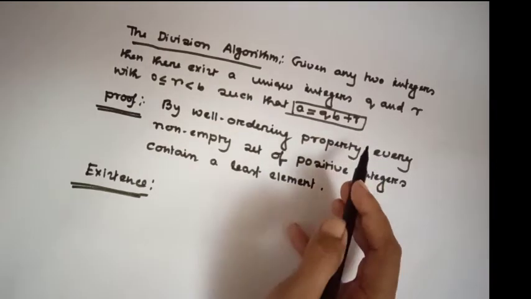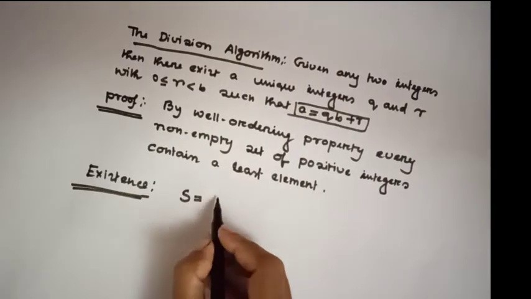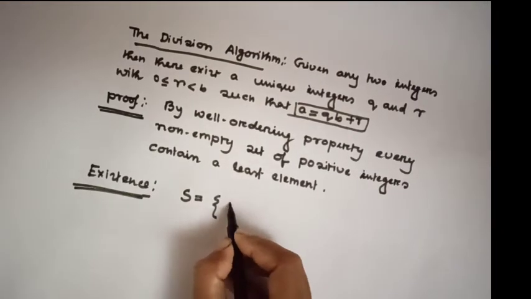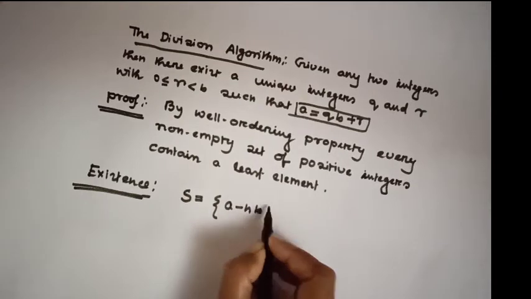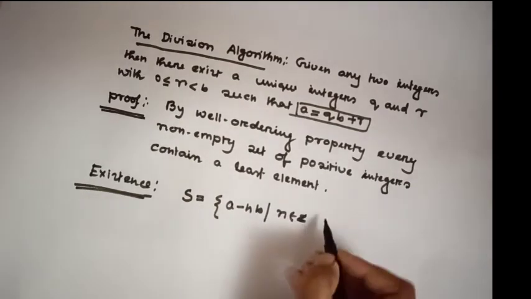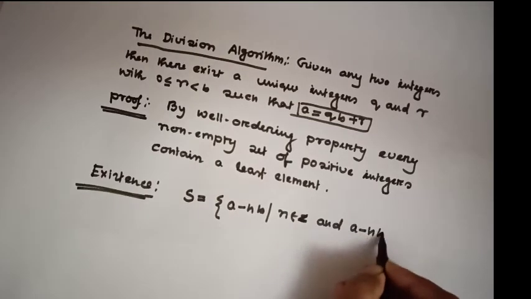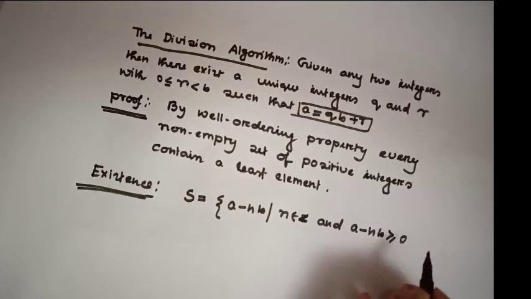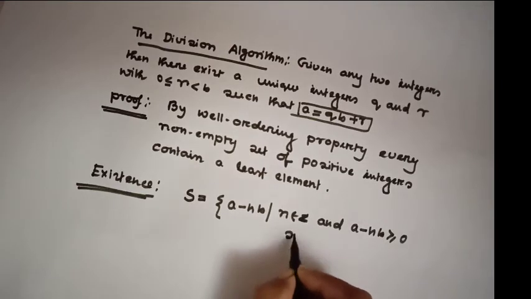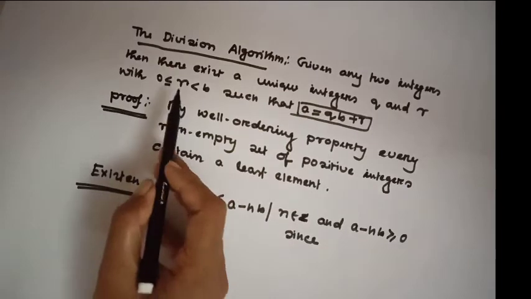Let us consider q equal to n. Let the set S be equal to a minus nb such that n belongs to the integers and a minus nb is greater than or equal to 0. Why is a minus nb greater than or equal to 0?